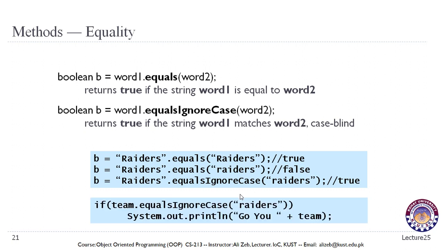If team equalsIgnoreCase readers, System.out, you can print the name of the team even if it is in capital case or in small case.